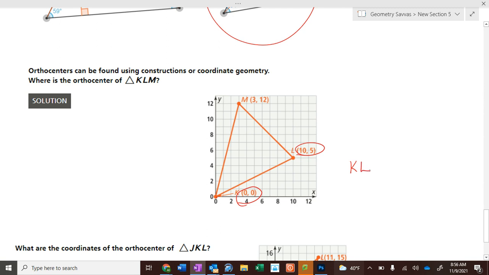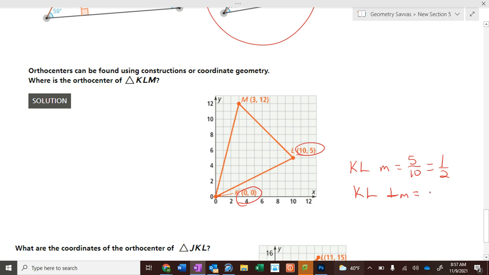So KL has a slope of, we rise by 5, run to the right of 10. So it's 5 over 10, which is 1/2 is a slope. So KL will have a perpendicular slope of what? What's perpendicular to 1/2?